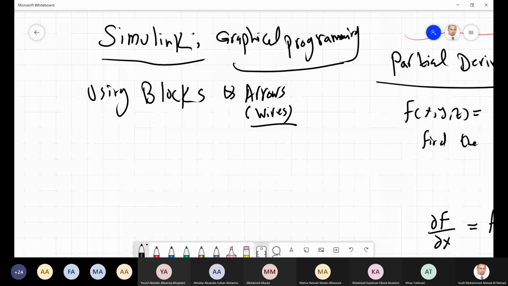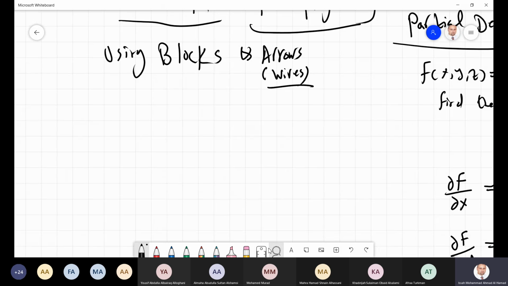Okay, I will come back to you here. So what do I mean by blocks and arrows? Can you see my screen? Yes, doctor, we can.